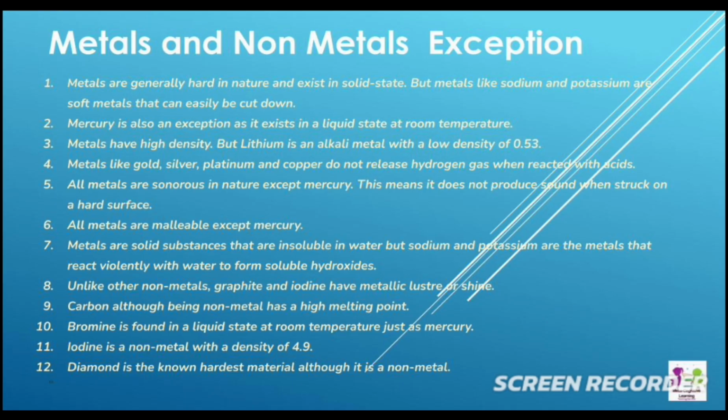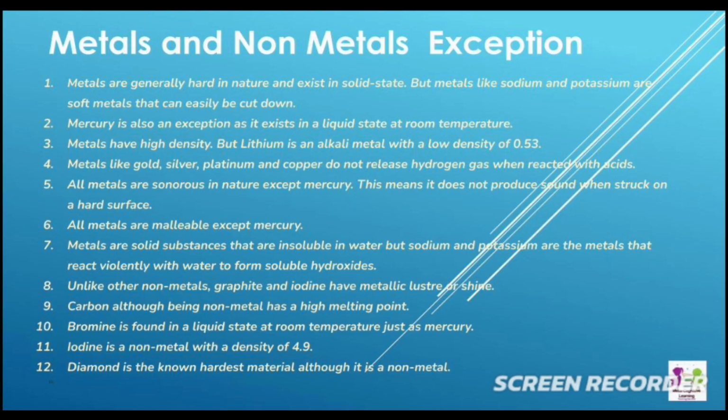All metals are lustrous in nature, but here graphite and iodine are lustrous in nature. It will be shining even though they are non-metals. Again, carbon, even though it is a non-metal, has the highest boiling point in the state of diamond, because one of the important properties of carbon is that carbon has the capability to undergo allotropy.